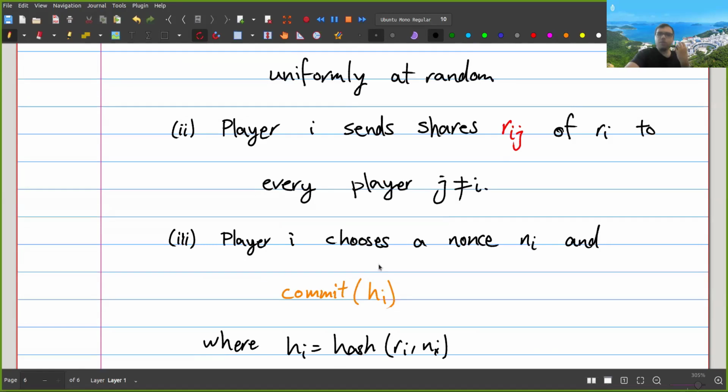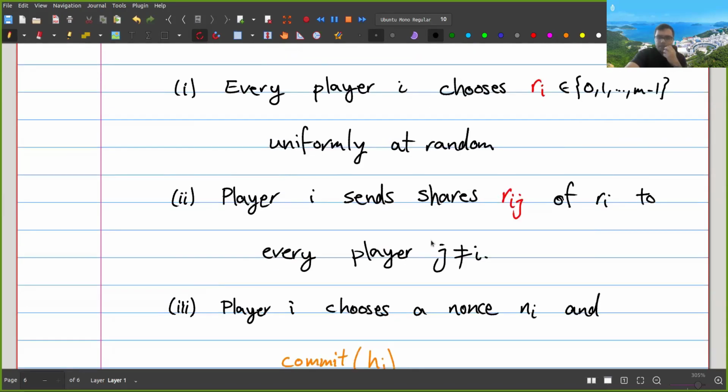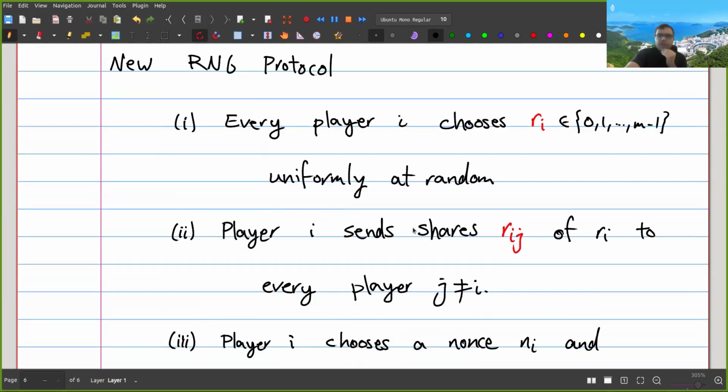Okay, why would this prevent cheating? This prevents cheating because if you want to cheat, now you have to cheat at step 2 when you're sending the shares to the other people. But at this step, you don't know anything about the values that the other people chose, about the Ri's, right? And because you don't know anything, it doesn't really make sense to cheat at this point because you know that you will be caught later on.